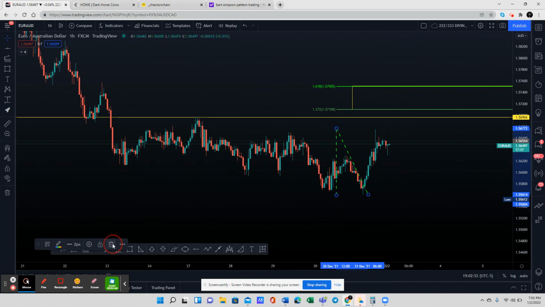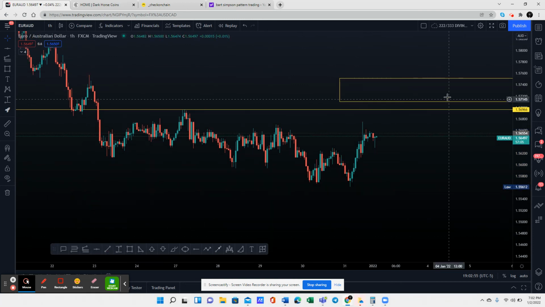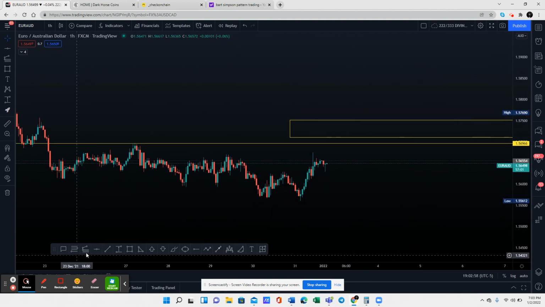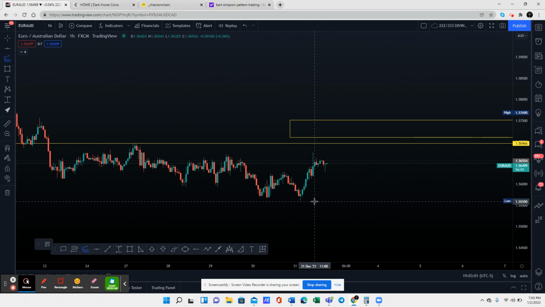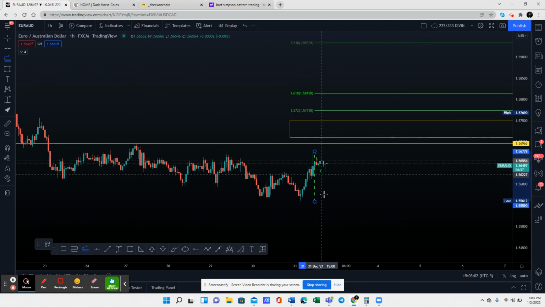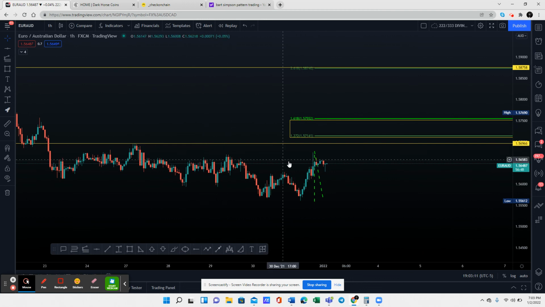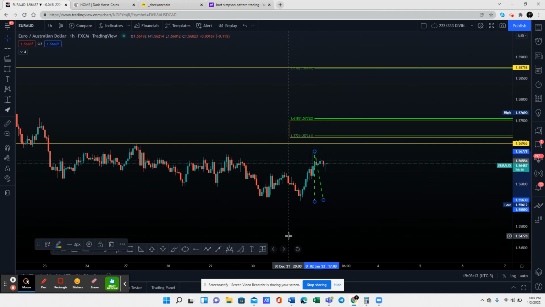That'll be my first area of contact right there. Matter of fact, I need to get the third area. It's up there, I missed it. Right here, it's the third area. So that'll be the third area for a target.